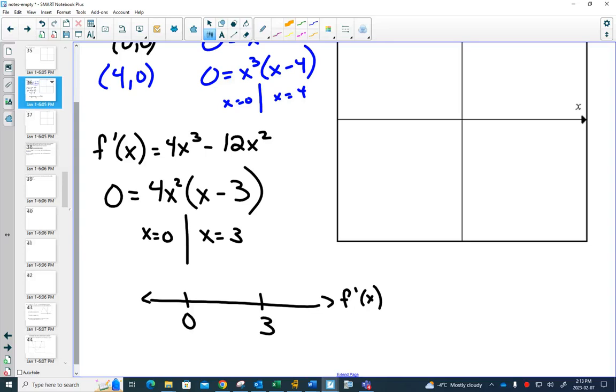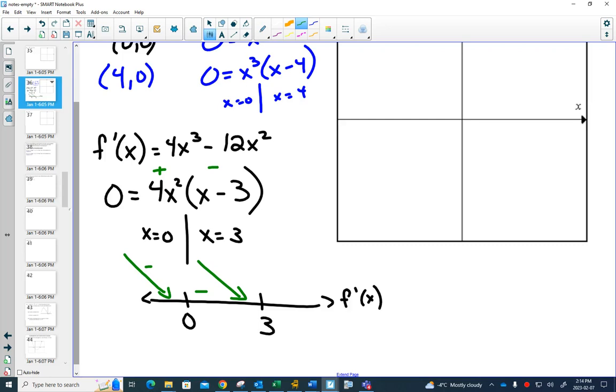So for example, if I choose something less than 0, I hope you can see that this 4x squared part would always be positive. And if I plug something less than 0, like negative 1, this section will be negative, and so our graph will be decreasing as it goes to 0. Secondly, if I plug something between 0 and 3, 4x squared is still positive, x minus 3 is still negative.